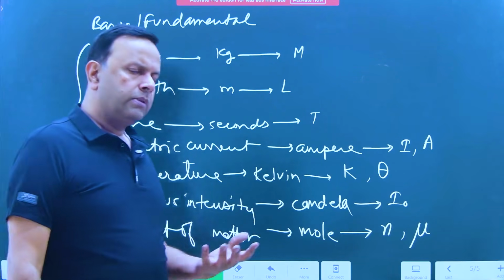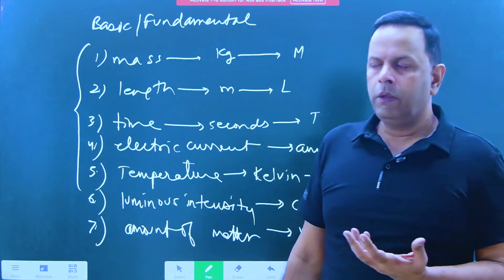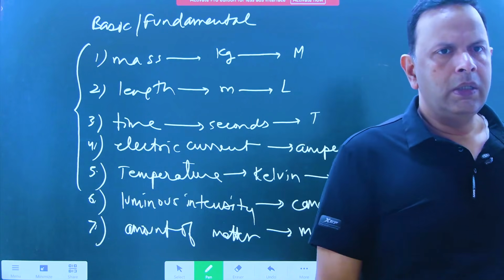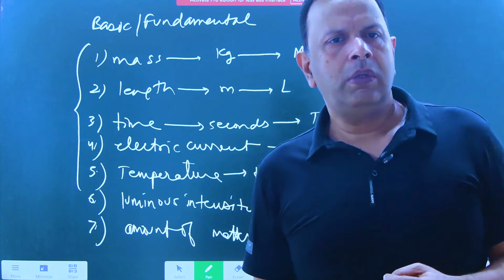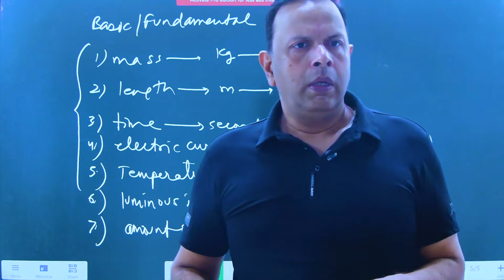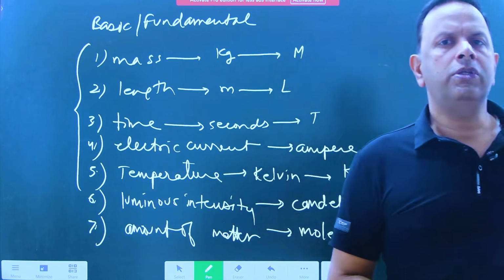Now the question comes, why are these quantities called fundamental and why not the others? What about the sound? It has a unit too and it can be measured. Sanjay, you are right. Sound can be measured.